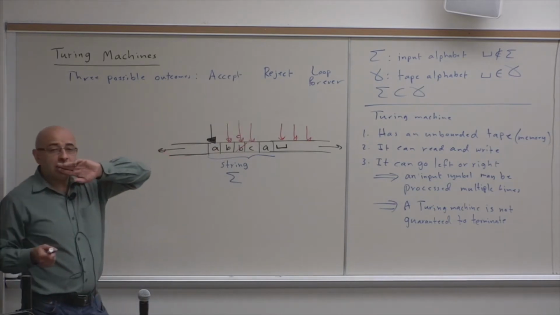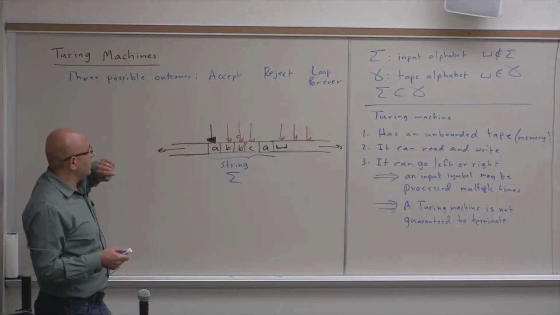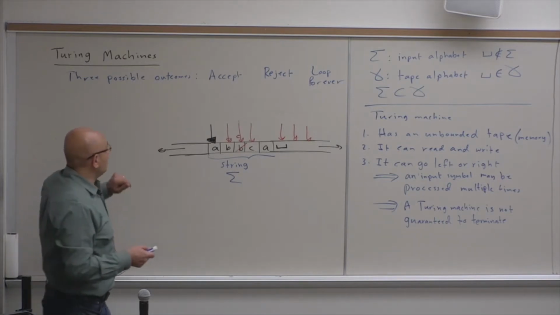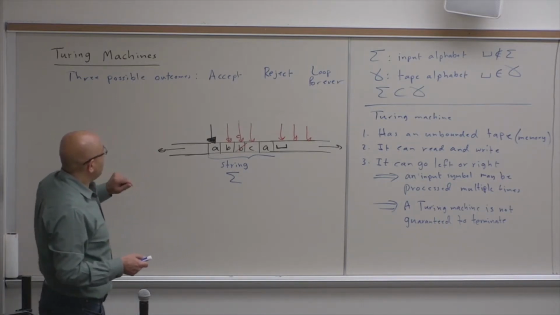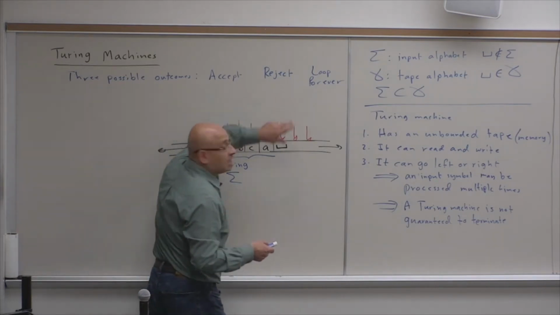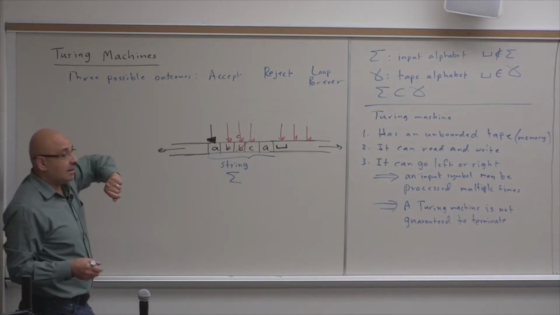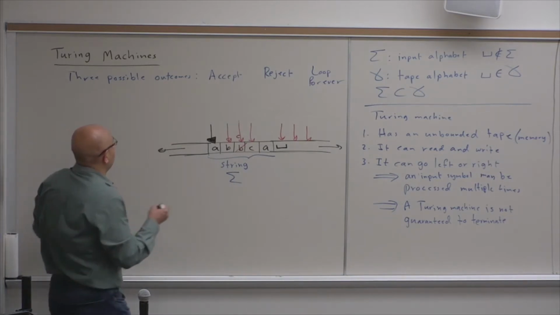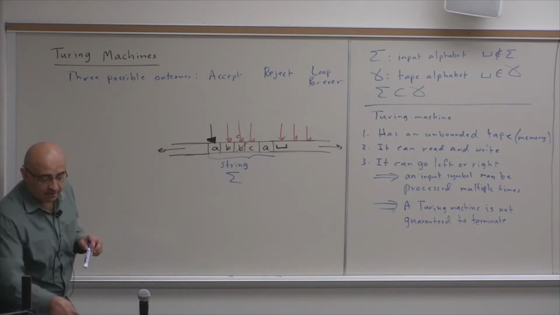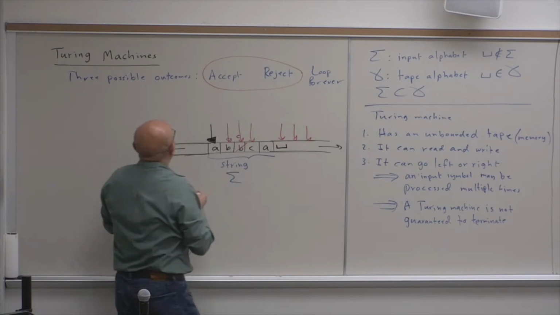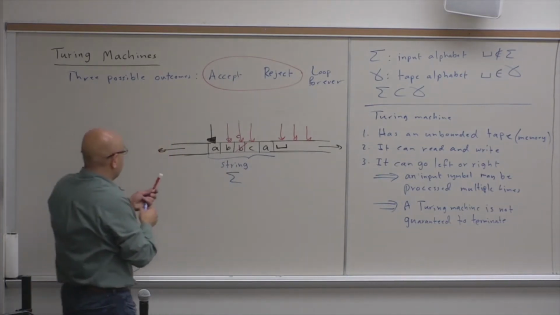So now we have the notion of decidability versus recognizability. So if a Turing machine ends with an accept or reject, we say that the Turing machine has decided the input string. So if the outcome is accept or reject, we say that this input string has been decided.